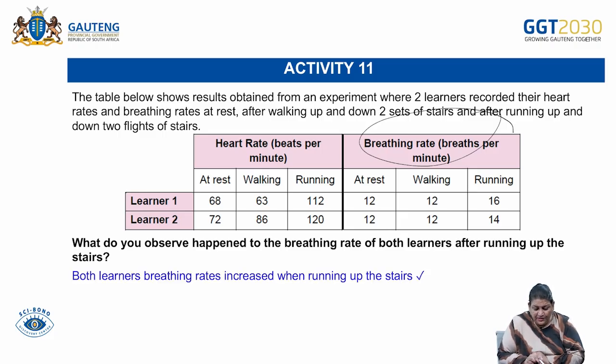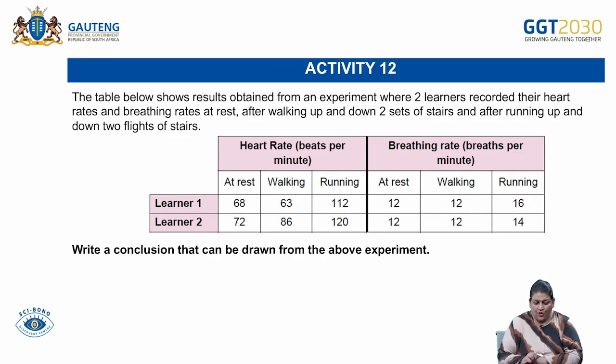You can see both learners' breathing rates increased when running up the stairs, to above 12 breaths per minute. That's what you have to say: that both the learners' breathing rate per minute increased to above 12.